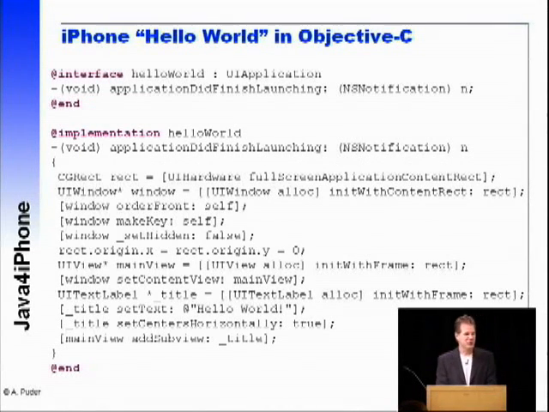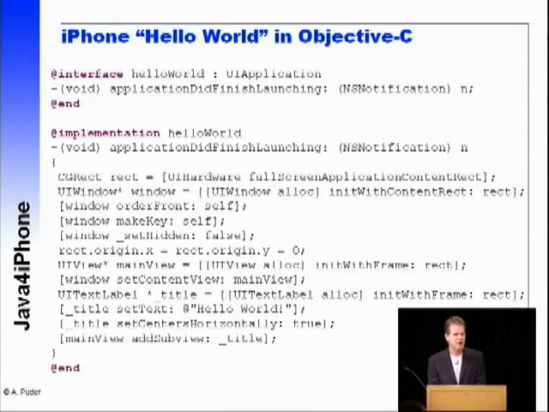Okay, so much for Objective-C. Now I want to jump into how to actually develop a little iPhone application. Here on this slide, you see the infamous Hello World application for the iPhone. Since it's for the iPhone, what you see is Objective-C code making use of the Cocoa library.